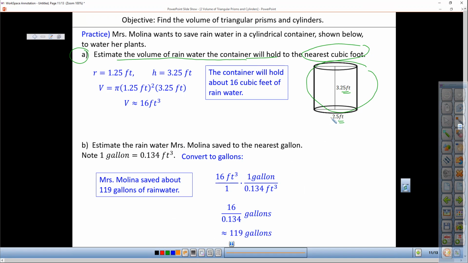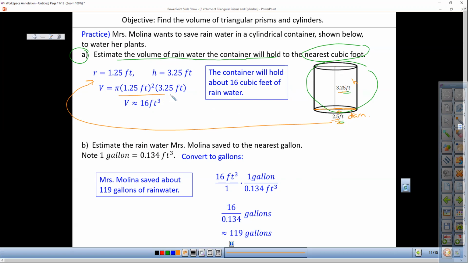Now notice, you might have been wondering about what the 2.5 feet represents, but notice it's next to a line that goes from side to side on that circular bottom. So that means it is a diameter. So we have to divide it by 2. That's where this radius came from. If you had some trouble here, your height is from circle to circle. So that is your 3.25 feet.